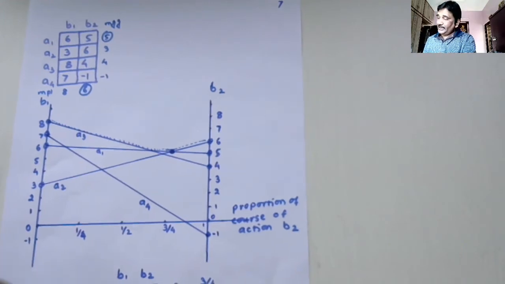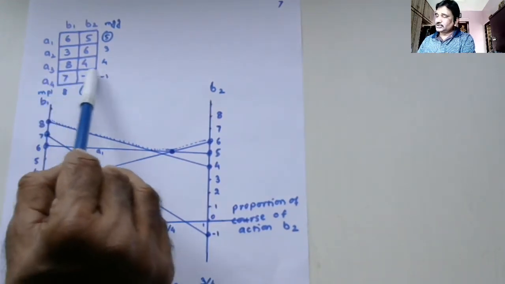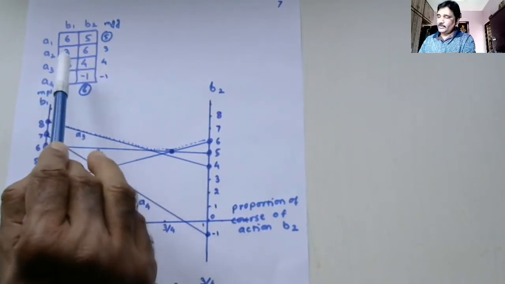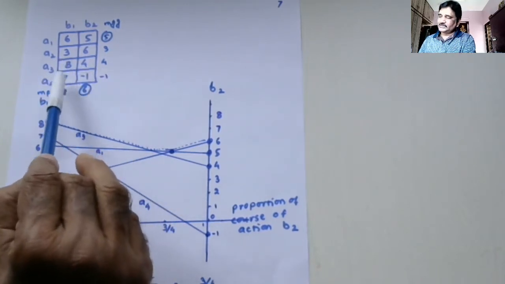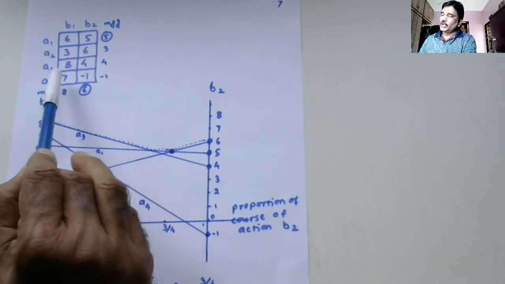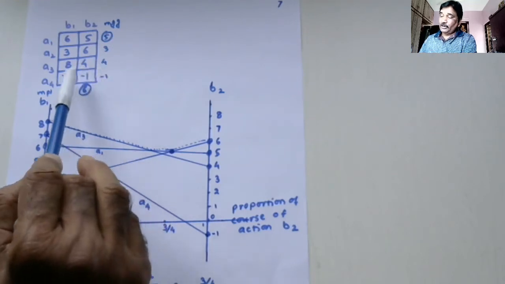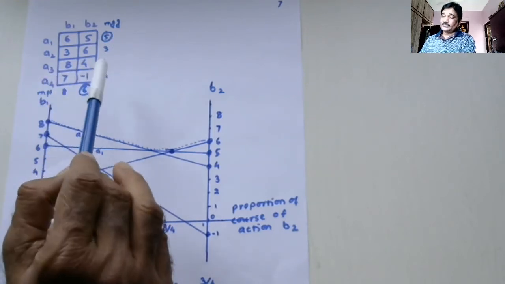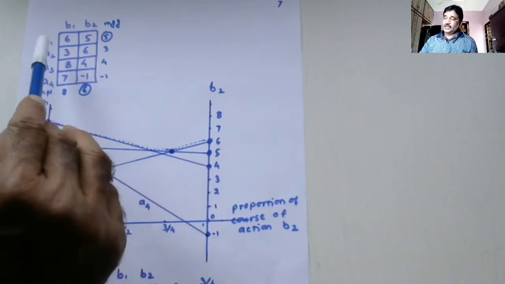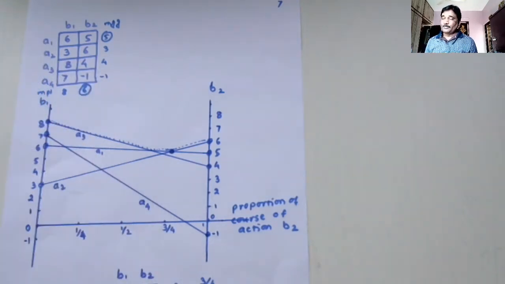I know very well that this row can be eliminated, because it is lesser: 7 is lesser amongst 8 and 7, and -1 is lesser than 4. So I can eliminate this. But for reaching that elimination, I have to travel a lot, meaning I will be doing so many comparisons.